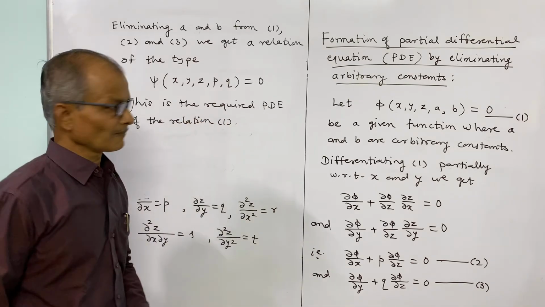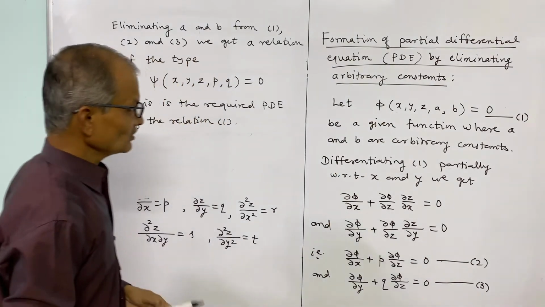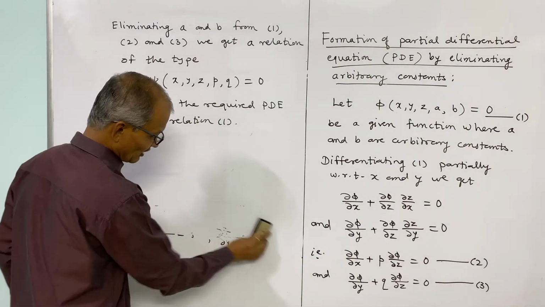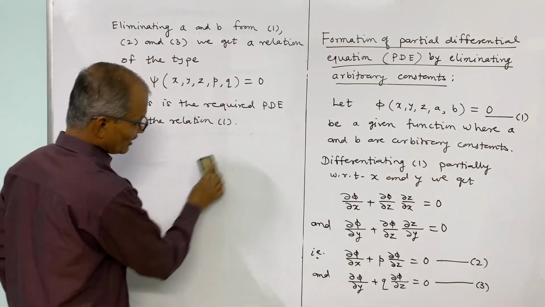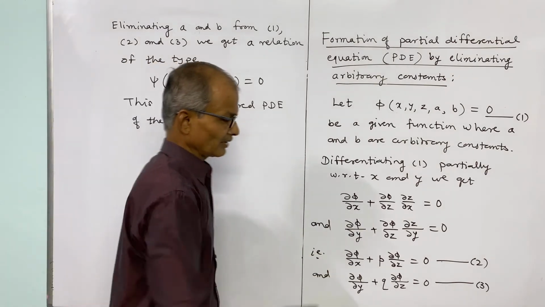So this is the procedure. Given the function in terms of x, y, z and arbitrary constants a and b, to eliminate a and b we have to differentiate it.